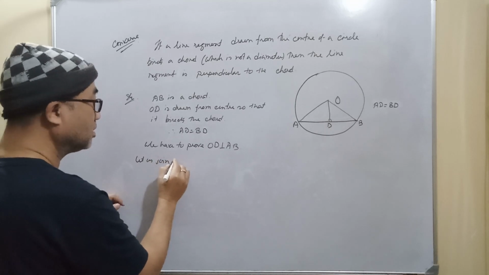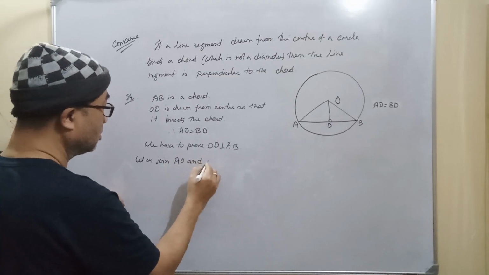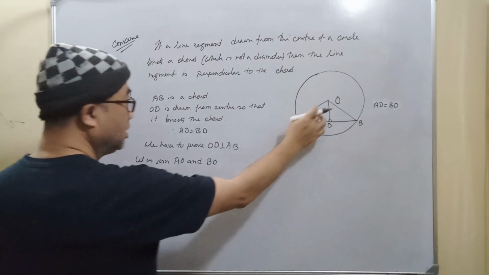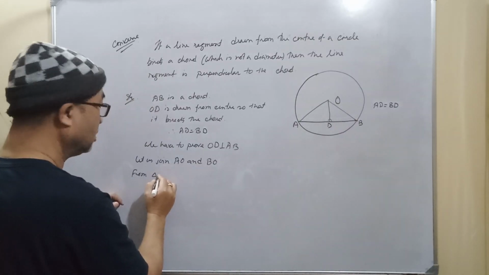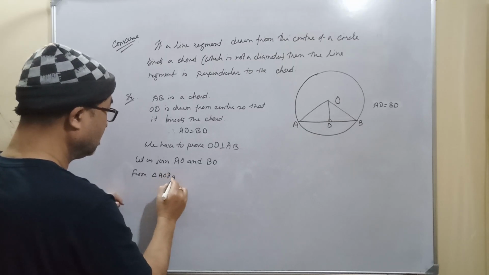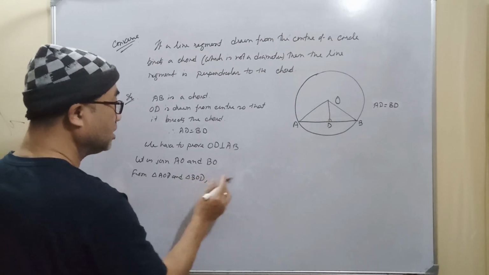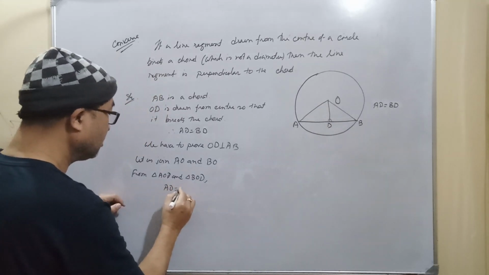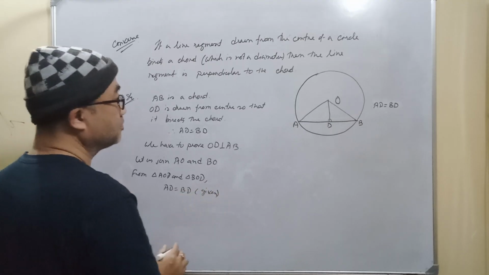Let us join AO and BO. We have joined AO and BO. From triangle AOD and triangle BOD, these two triangles, AD is equal to BD, it is given because it bisects.